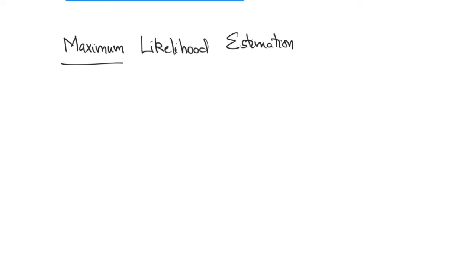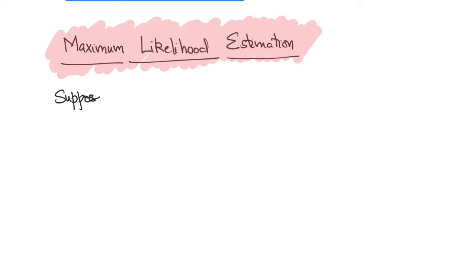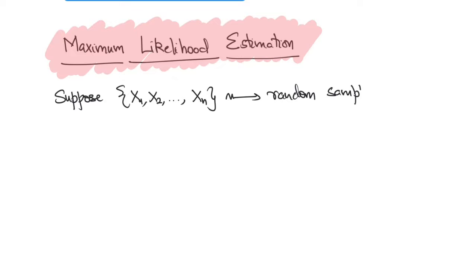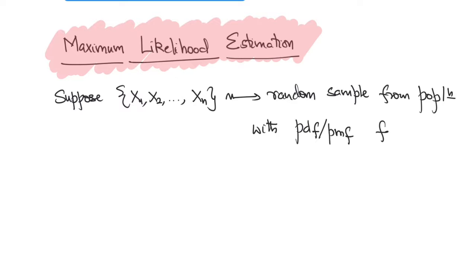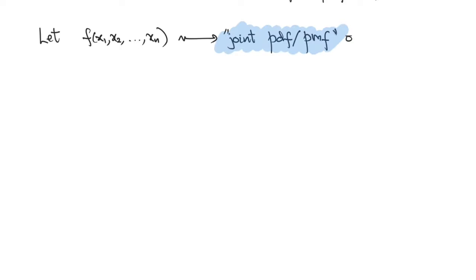Suppose we have a random sample x1, x2 up through xn. This random sample is coming from a population with either the PDF or the PMF equaling fx. In this setting, we will let fx1, x2 up through xn be the joint PMF or the joint PDF of the group of random variables x1 through xn.